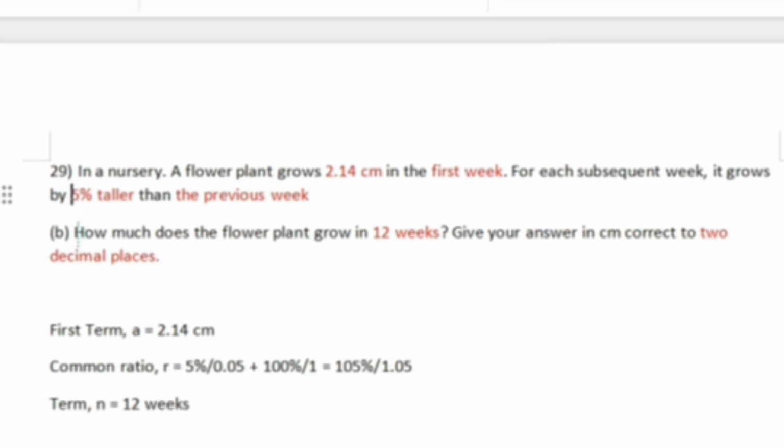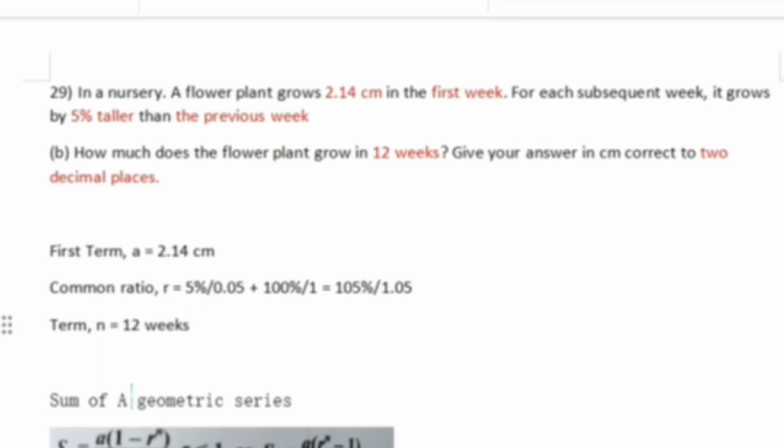So how much does the flower plant grow in 12 weeks? So we find out our term is 12. Give your answer in cm correct to 2 decimal places. So from our points, we find out that we have a common ratio. So our formula is going to be the sum of a geometric series.